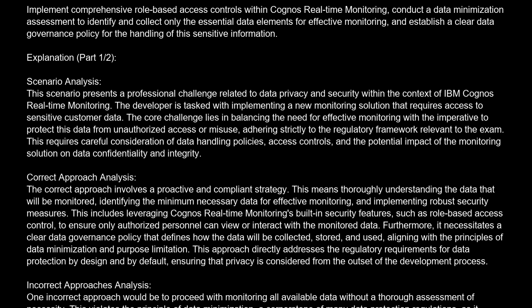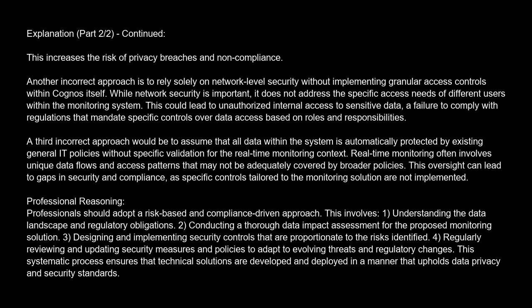Incorrect approaches analysis. One incorrect approach would be to proceed with monitoring all available data without a thorough assessment of necessity. This violates the principle of data minimization, a cornerstone of many data protection regulations, as it collects and potentially exposes more data than is strictly required for the monitoring objective. This increases the risk of privacy breaches and noncompliance.